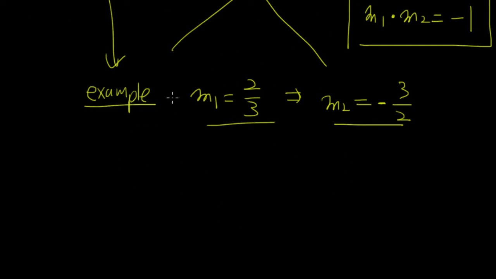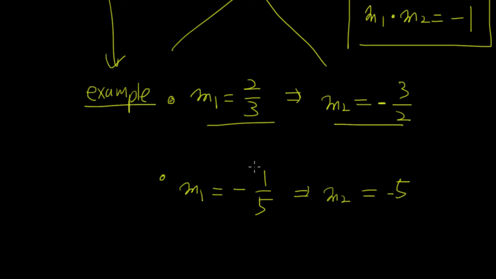Another one, let's say m1 is negative 1/5. What should be m2? Well, you flip this, which is 5/1 or 5, and you put one more negative.